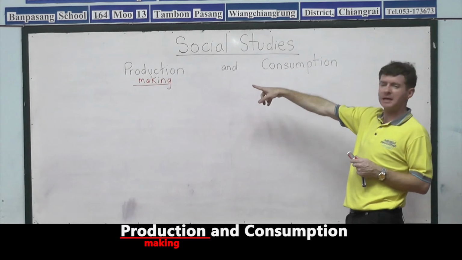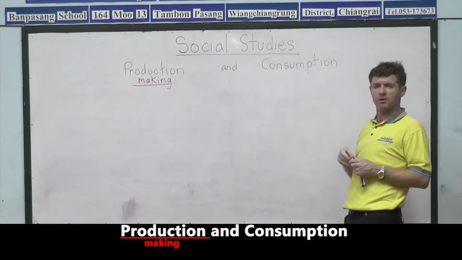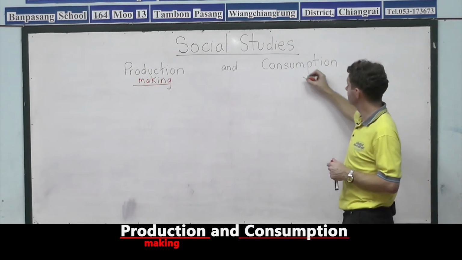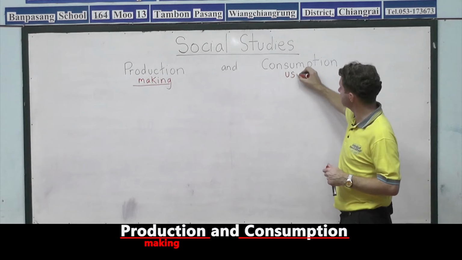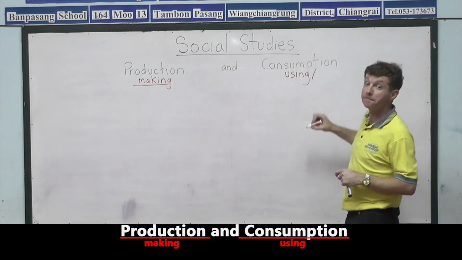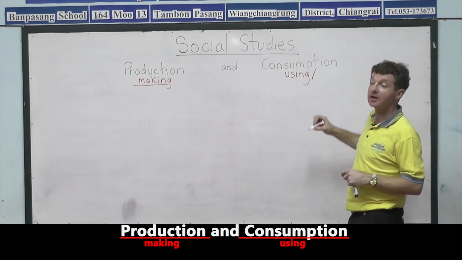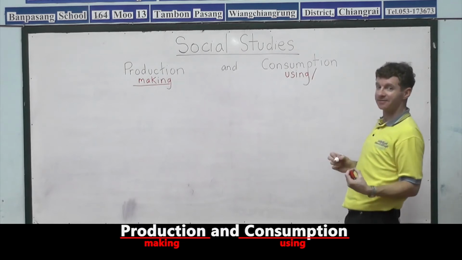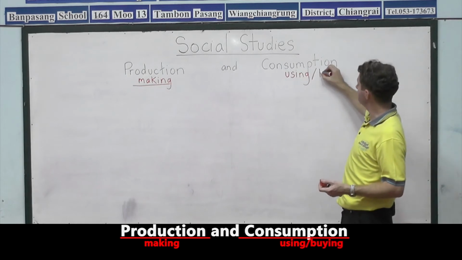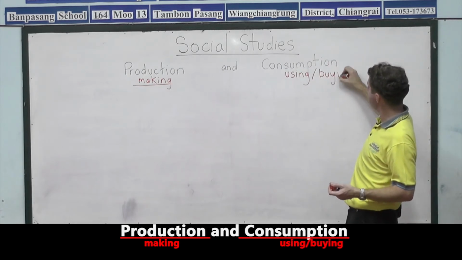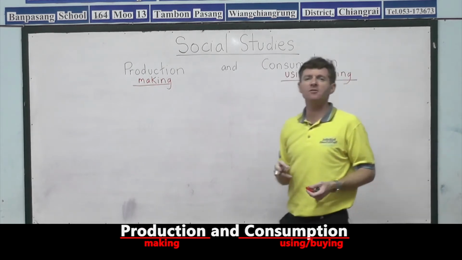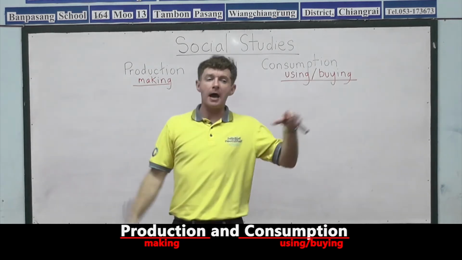If production means making, consumption, using. U-S-I-N-G. Or buying. If we consume something, we buy it and use it. How do we spell buying? B-U-Y-I-N-G.